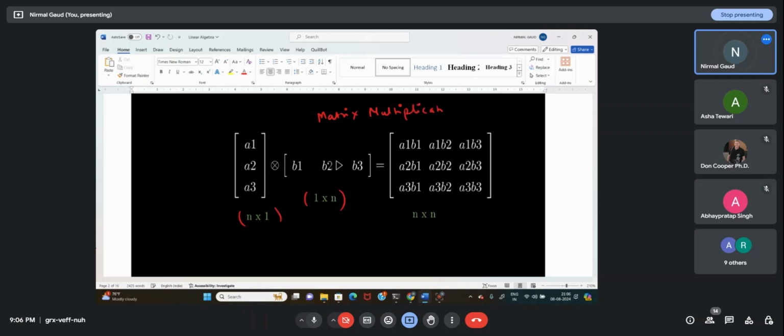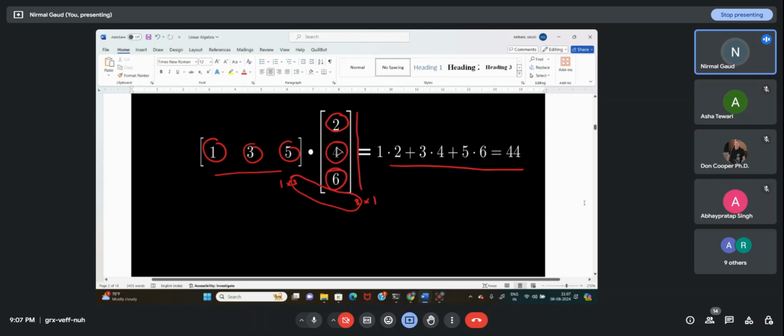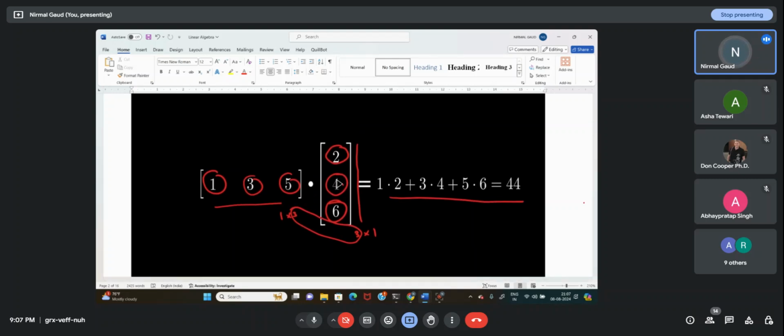Matrix multiplication is not like with just the dot. The dot product was different. We just did a1 b1 plus a2 b2 and so on. In the dot product, what you did is 1 into 2 plus 3 into 4 plus 5 into 6.